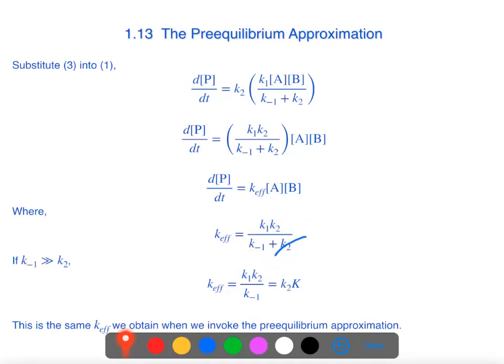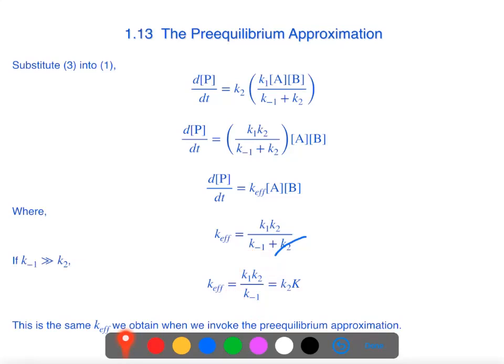What we're doing is comparing the magnitude of two rate constants and saying, because the size of K minus 1 is much larger than K2, that although K2 still exists, it's going to be quite a small number relative to the magnitude of K minus 1. So we can treat that as now being our effective rate constant. And this is the same effective rate constant that we obtained when applying the pre-equilibrium approximation.